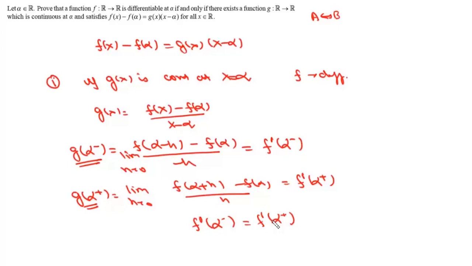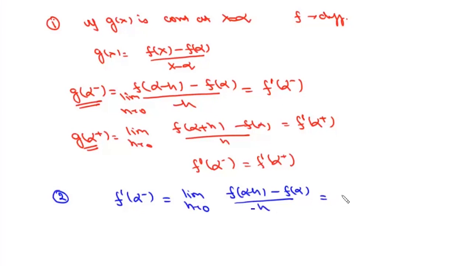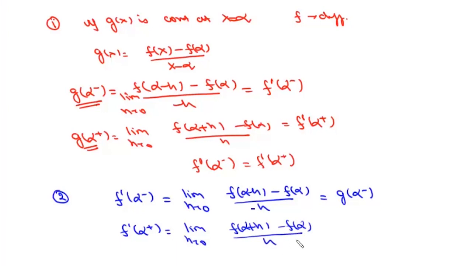Now we are going to prove it the other way around. We know that f is a differentiable function at alpha. So f'(alpha negative) will be the limit h tends to 0 of (f(alpha minus h) minus f(alpha)) upon h, and basically this is g(alpha negative), and in the same way f'(alpha positive) will be the limit h tends to 0 of (f(alpha plus h) minus f(alpha)) upon h, and this is g(alpha positive).